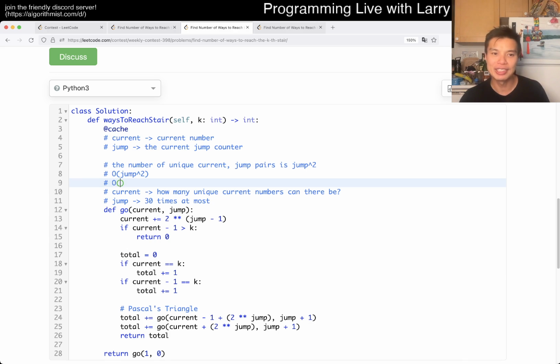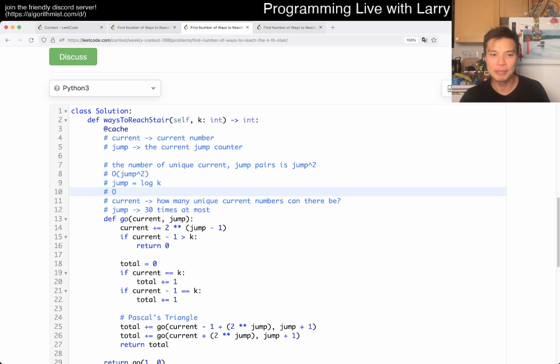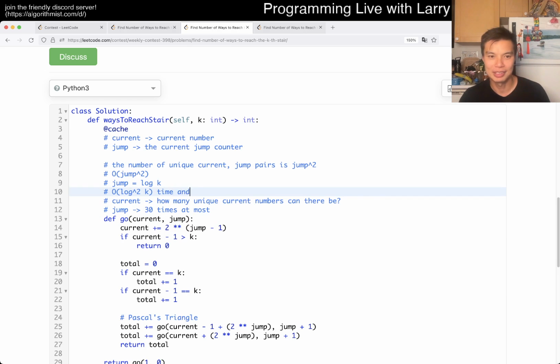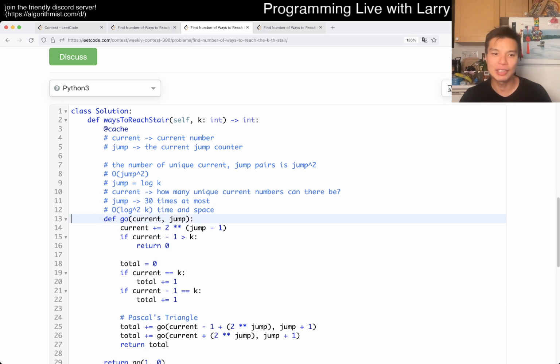We get log k jumps. Jump is going to be roughly log k, the max number of jumps is log k. So this is going to be O of log squared k, for time, and I guess I'll just add space. So that's basically the constraint here.